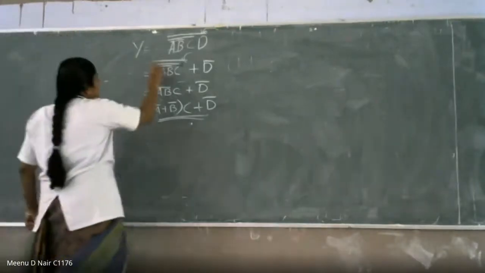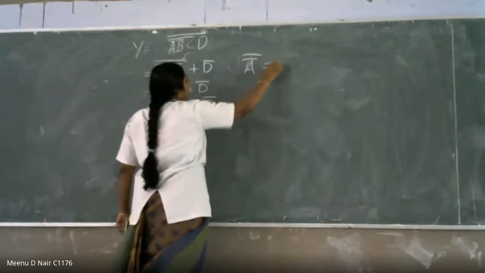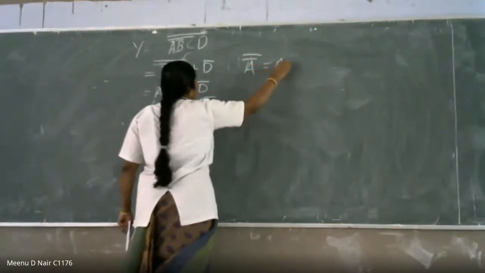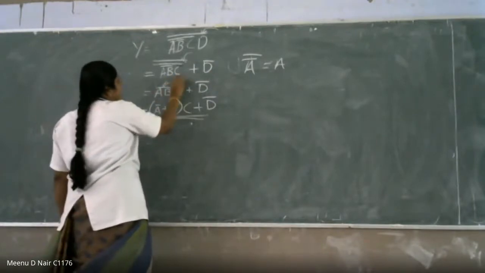So this is the term like A double bar is equal to A. This is what you are applying here. And here it is again De Morgan's theorem.